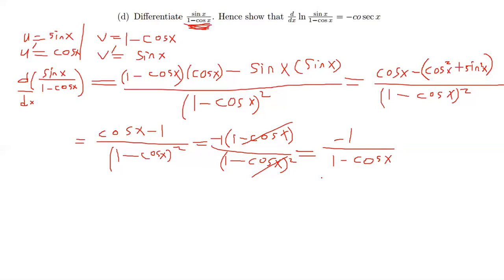So we've answered the first part there, and then let us now show that the derivative of ln of this is equal to that. We know that the derivative of ln u is just equal to u prime over the original function u. Since we're finding the derivative of ln of this, our u is just this part.